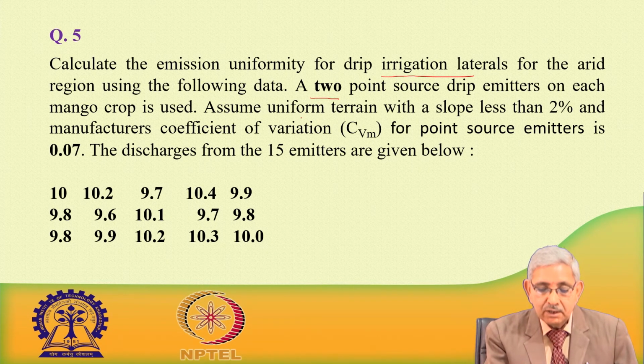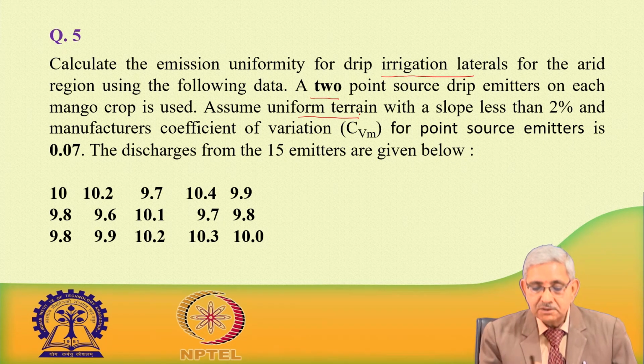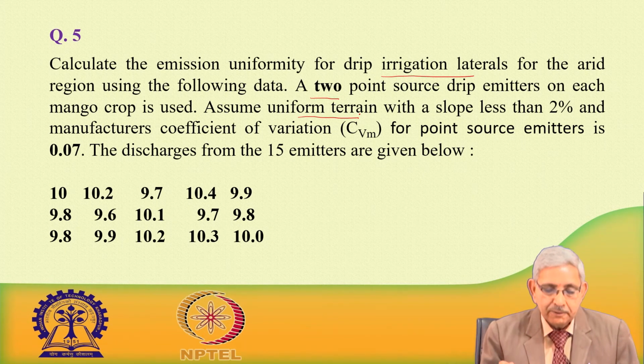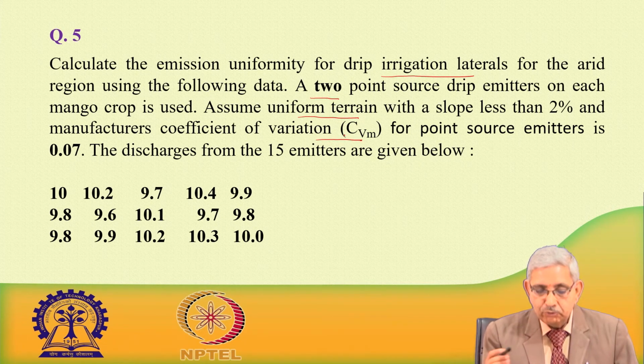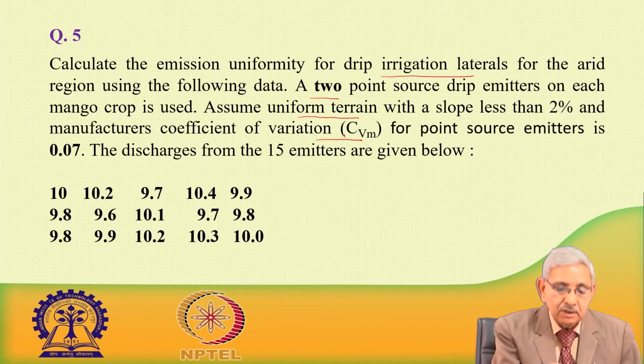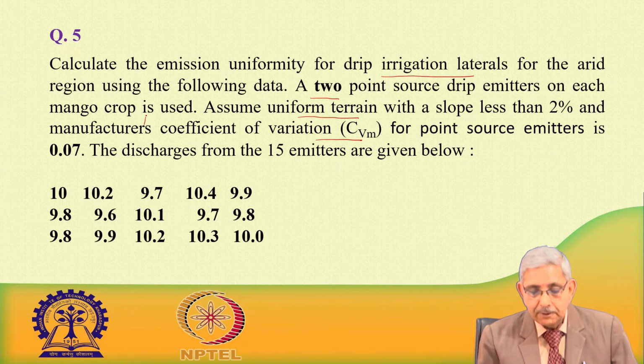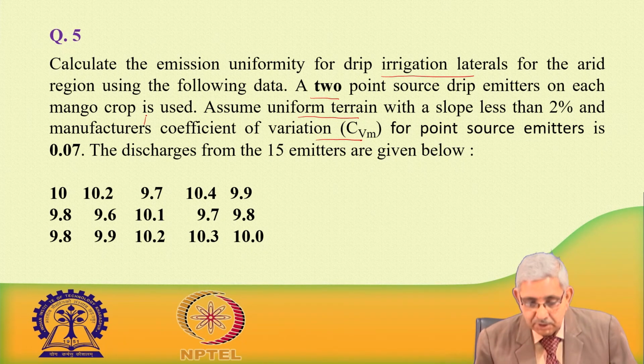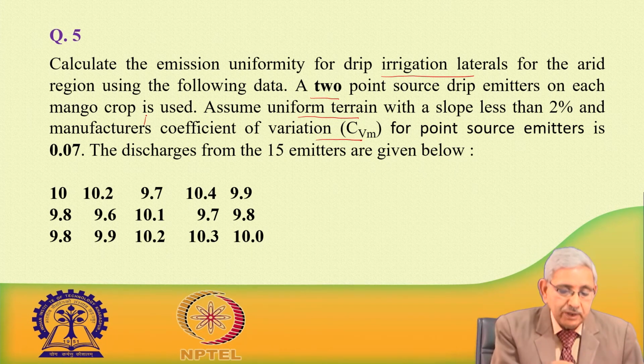The terrain is on a slope of less than 2%, and the manufacturer's coefficient of variation, CVM, is given as 0.07.